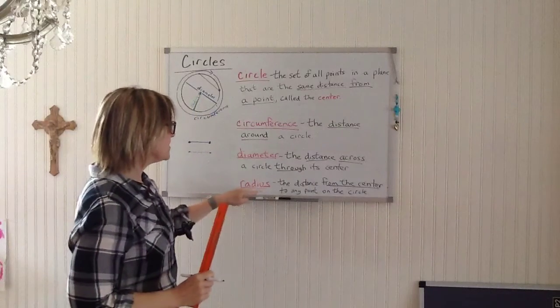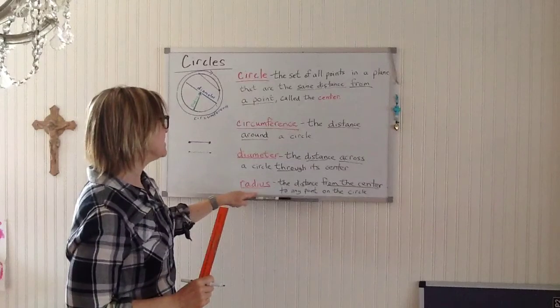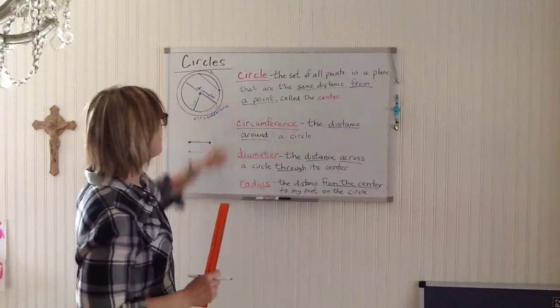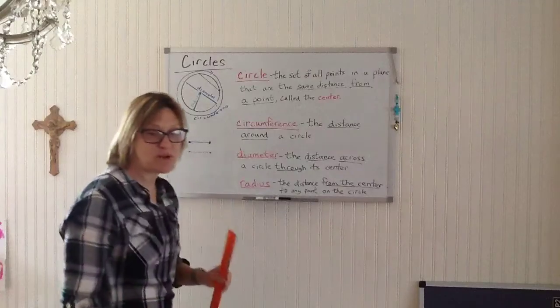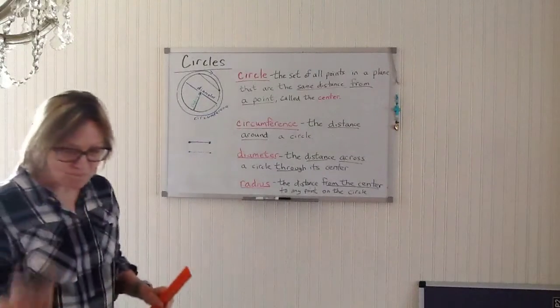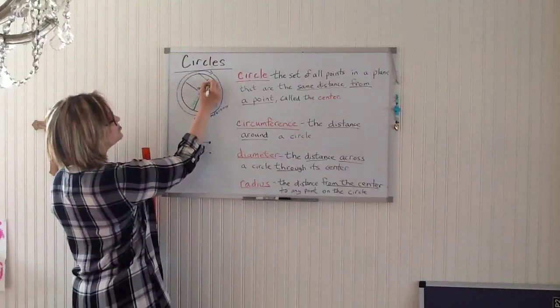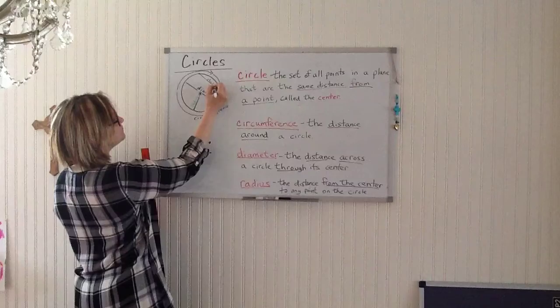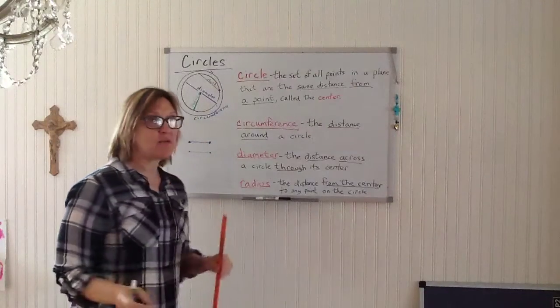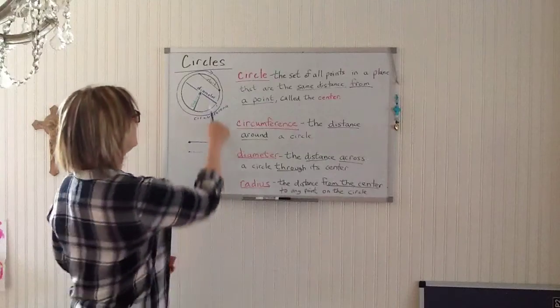And it doesn't fit the definition of a radius because, again, it's not starting on the center and going to the side. Does anybody know what that is called? That is called a chord, C-H-O-R-D.